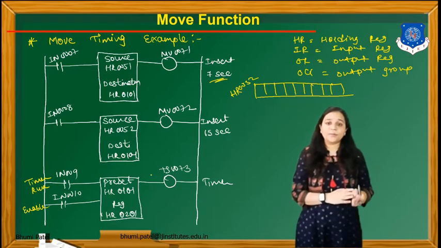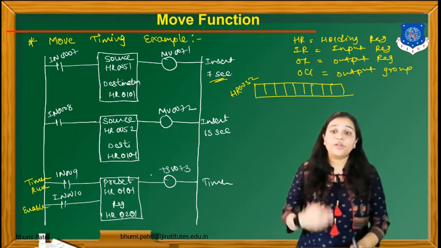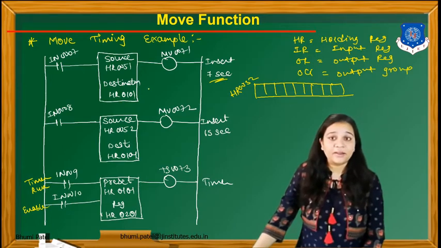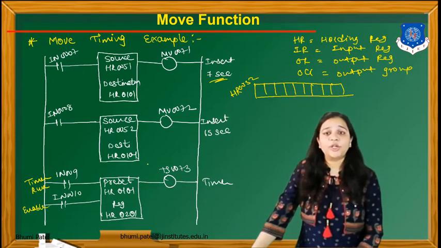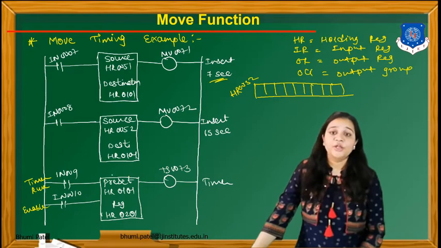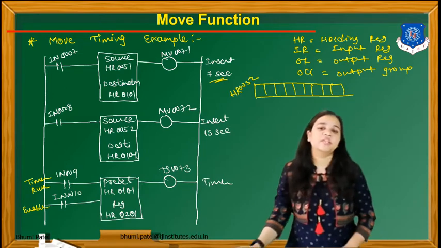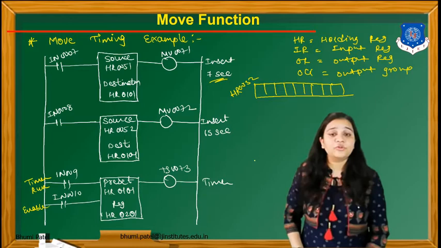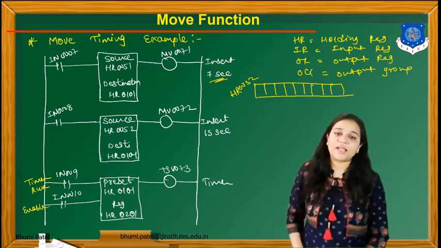We have to use the preset value that is stored in the destination address. Note that the destination address of the two rungs will be the same. So we take the preset value from the destination and store it in this particular register HR0201, and we use the timer.